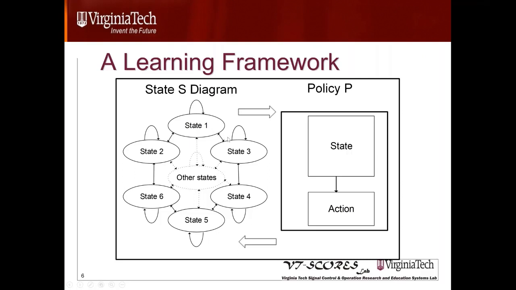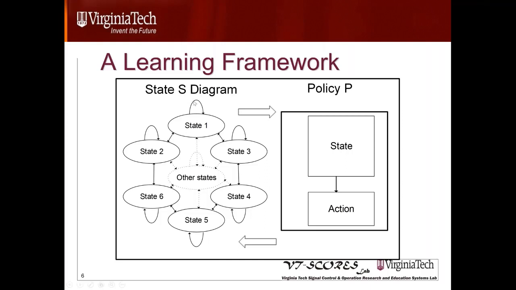But at the same time, if you know the state probability, then you can come up with an optimal policy to meet one of your objectives. Could be reducing delay or maximizing throughput, or if you are dealing with safety, maybe reducing the probability of crashes and so on.